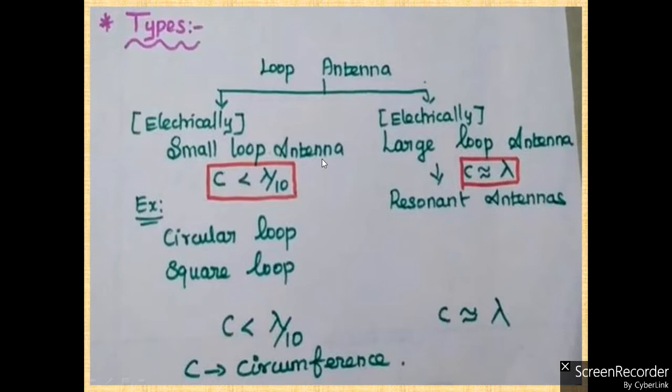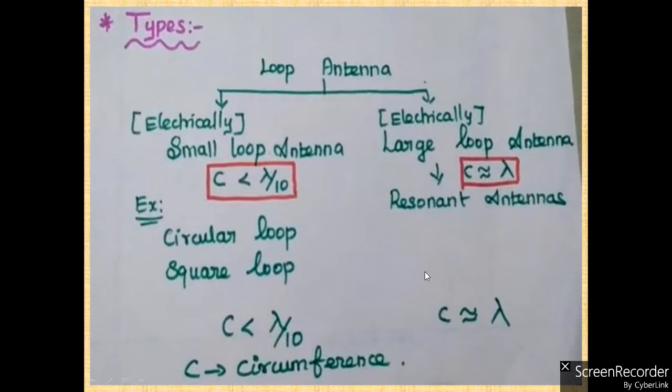If the circumference of the loop is less than lambda by 10, then we call that a small loop antenna. And if it is greater than lambda by 10 or approximately lambda, then it is called the large loop antenna. The large loop antennas are used as resonant antennas.